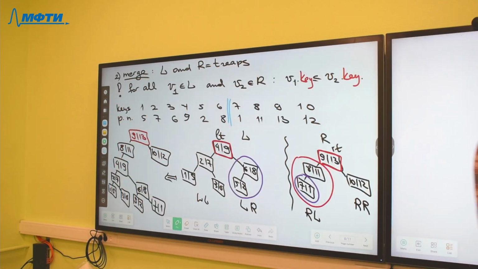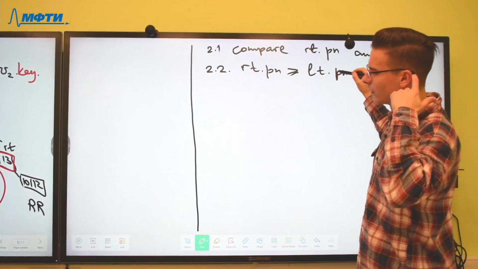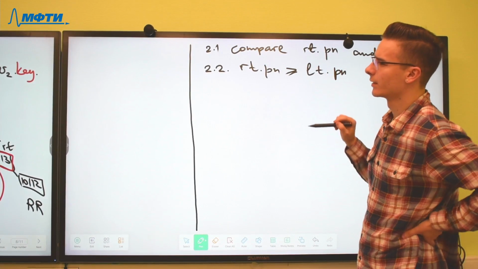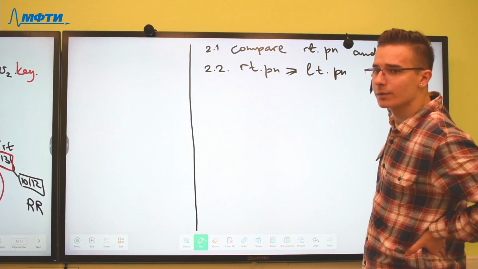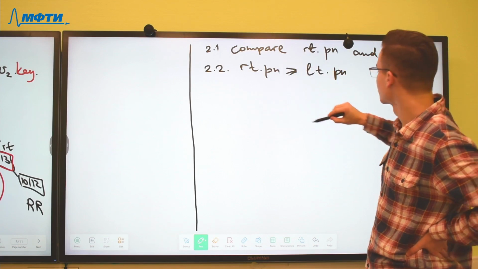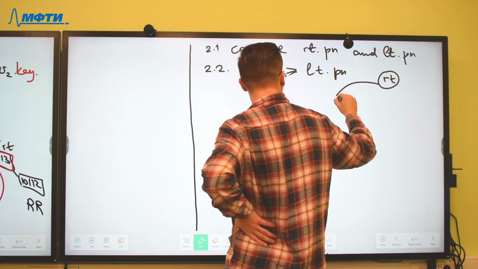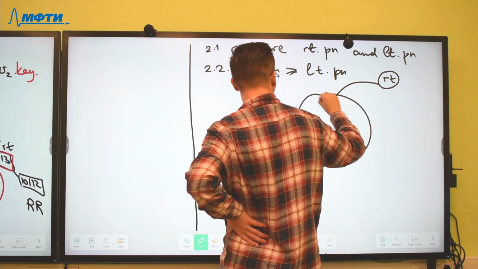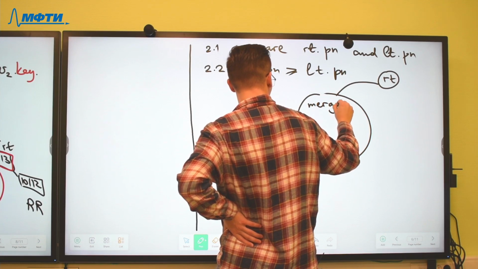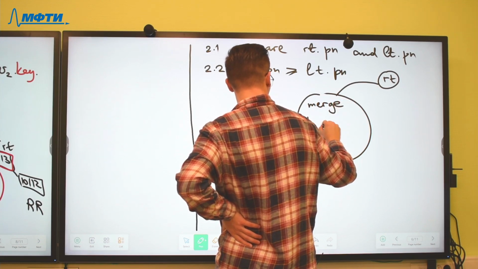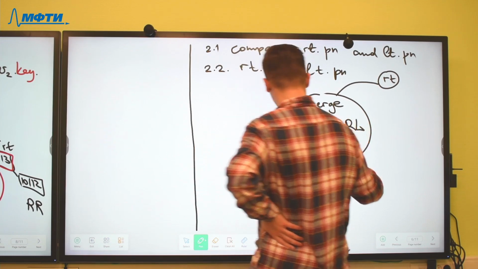And in this case, we know that all the numbers in the left subtree will be less than this, so we merge the left subtree, L and RL.